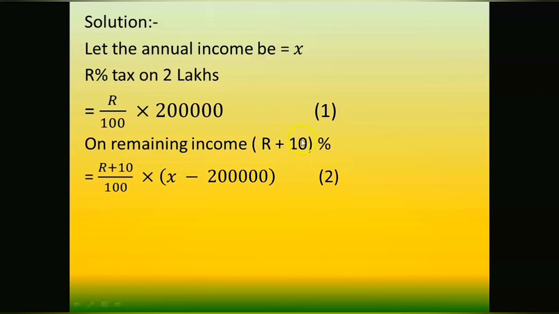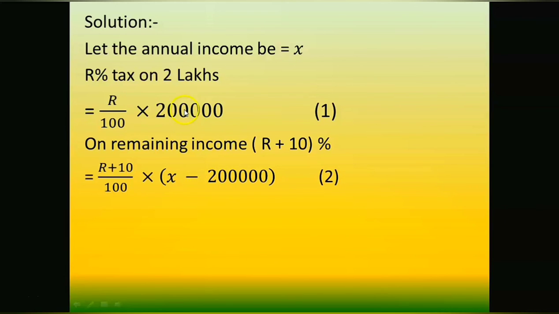Okay. Then on the remaining income, tax is r plus 10%. So it is r plus 10 divided by 100 on the remaining income. So it is r plus 10% of this. And what is this? This is the remaining income. X is the total income minus 2 lakhs because on 2 lakhs already this tax we have counted. So it is r plus 10% on this remaining. And what does the problem tell us?